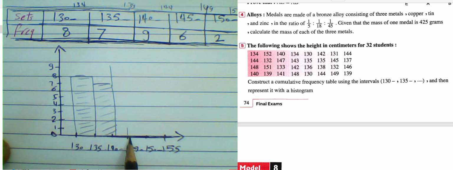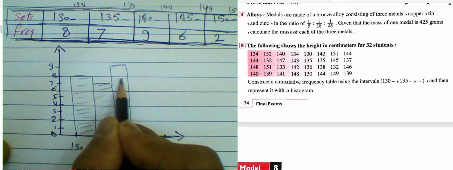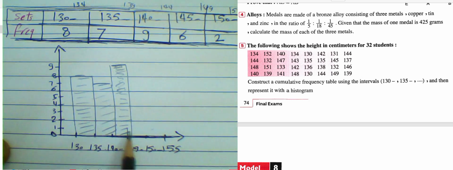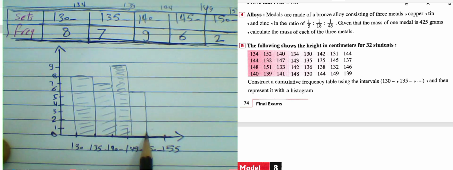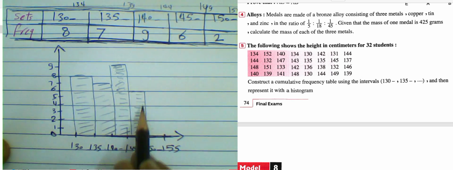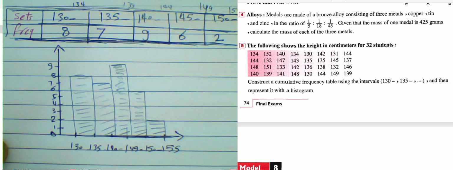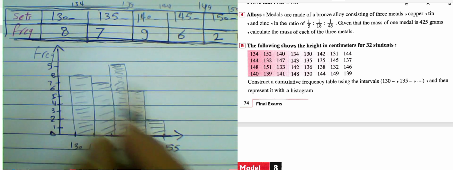Okay, you must use your ruler to find the solution. You must draw with the ruler, and then to the 6, and the last one 2. Okay, the end of this example, right here frequency, and here.